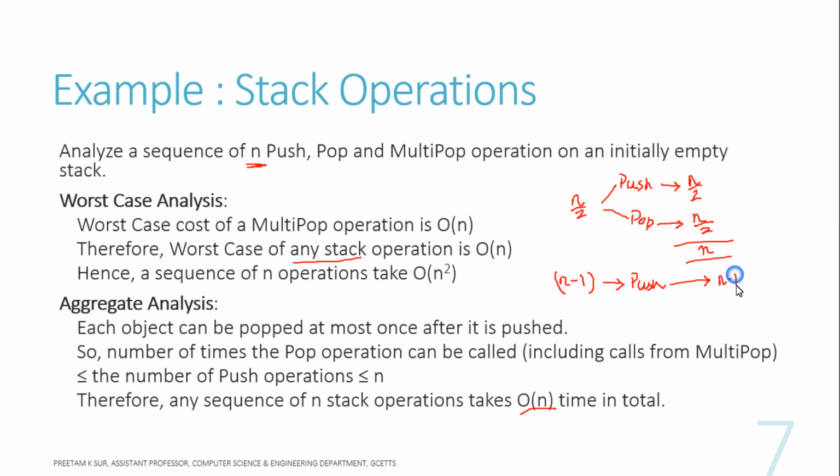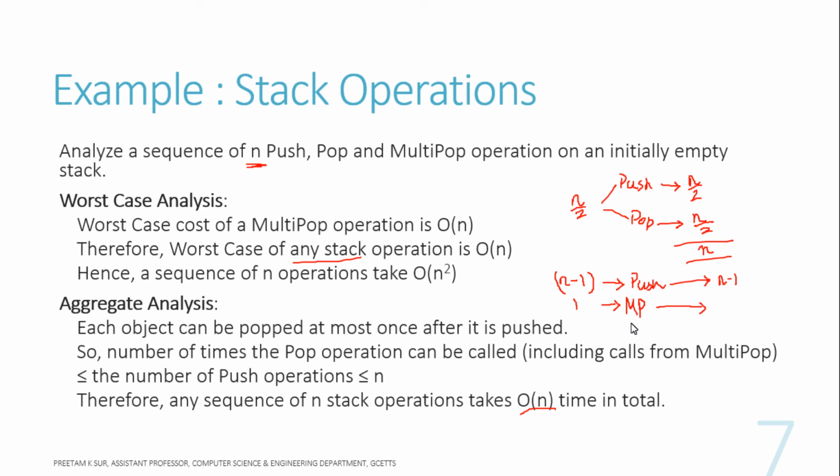right? Now the remaining one operation in the sequence, let us say it is a multi-pop operation. Okay, and I am writing the abbreviation MP. Suppose it is a multi-pop operation MP, and it is going to pop out all the elements from the stack, right? So there are n minus 1 elements in the stack after n minus 1 operations, and in the last operation we are going to pop out all those elements.